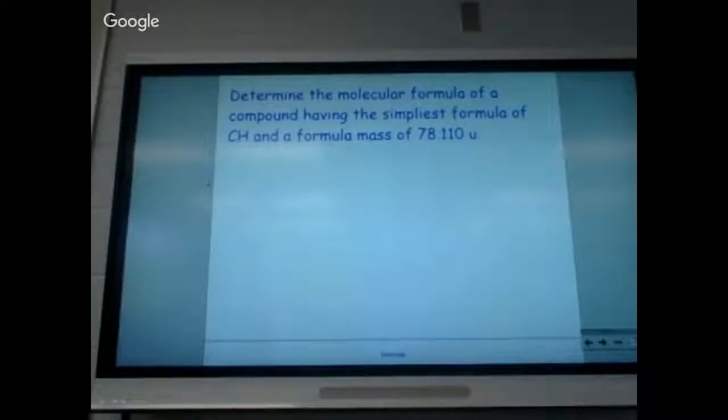So it's just another way to say the same thing. So this one we have to find the empirical. Yes, simplest and empirical mean the same thing. Only I think simplest is spelled wrong. That's definitely not how you spell it, but it's good. I tried.